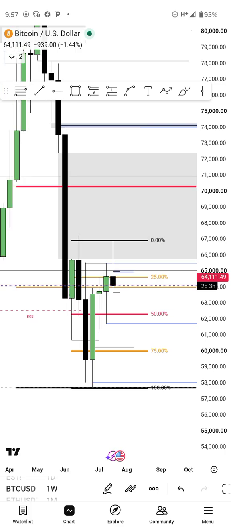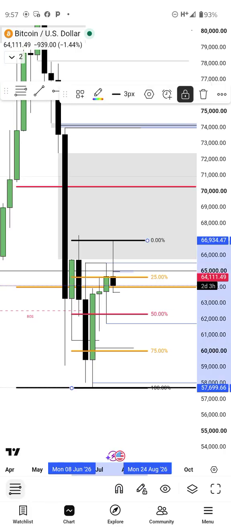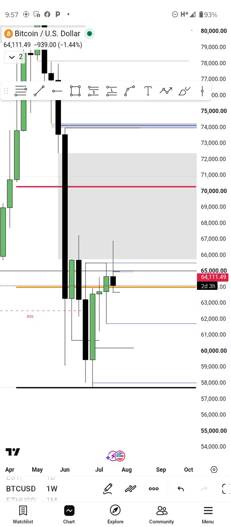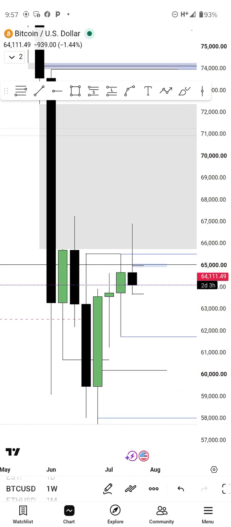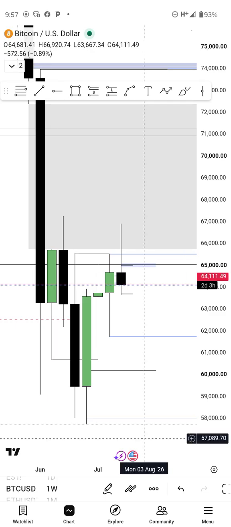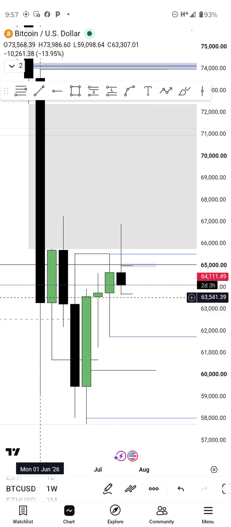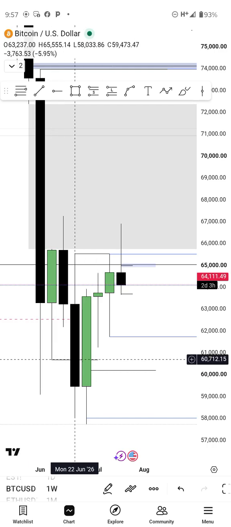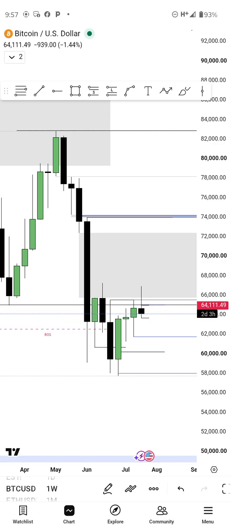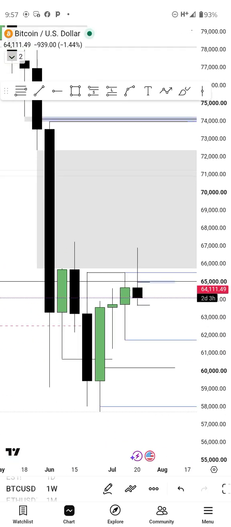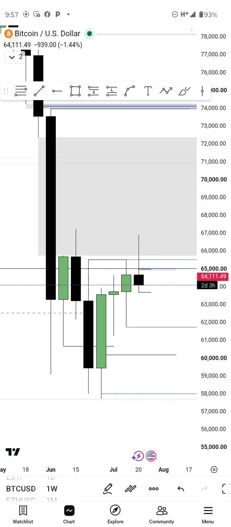All right, let me clean this. So we have this market structure break on BTC in the weekly time frame, even though the monthly will be trading into premium on the monthly. But let's work on the weekly this week and let's see what we have next week.